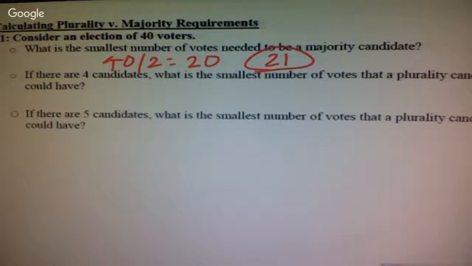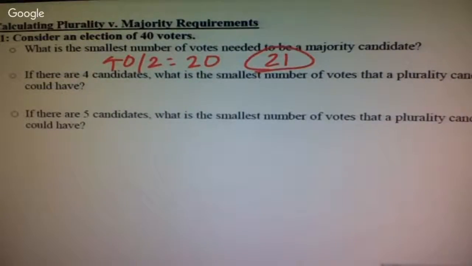If I have 4 candidates, what's the smallest number of votes that you could win plurality? 11. How did you get 11? Because if you divide 40 by 4, you get 10 each. Perfect.